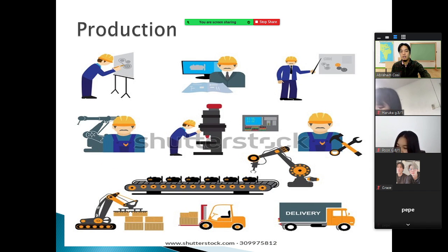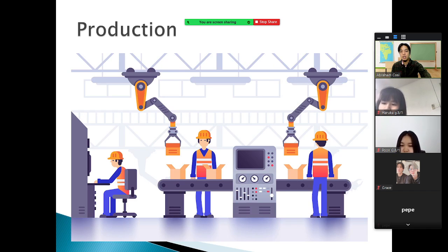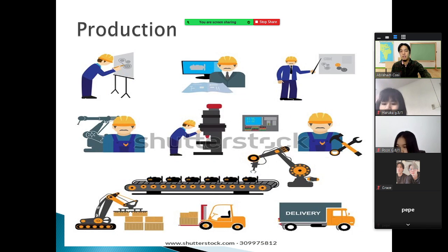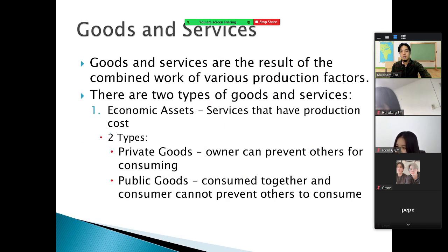All of these are part of production, from packaging, from creating, and management as well.